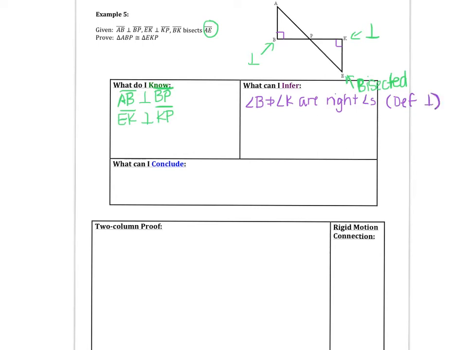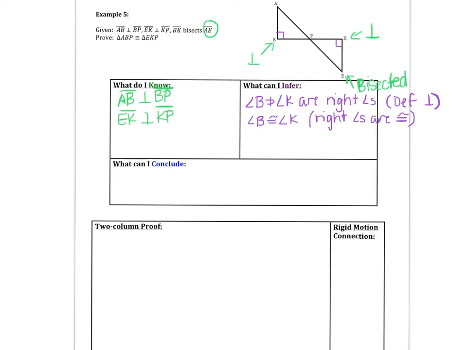Okay, well if they're right angles, then I have to go one step further and say that they are congruent. So I'm going to say that angle B is congruent to angle K, and I know that right angles are congruent. So first I had to use the definition of perpendicular to say that they're right angles, then I could say that they are congruent.